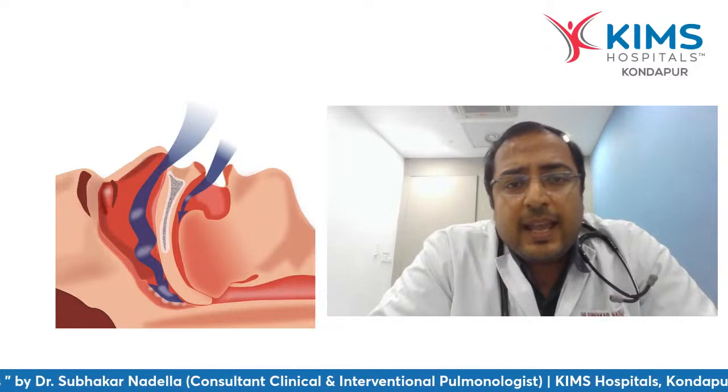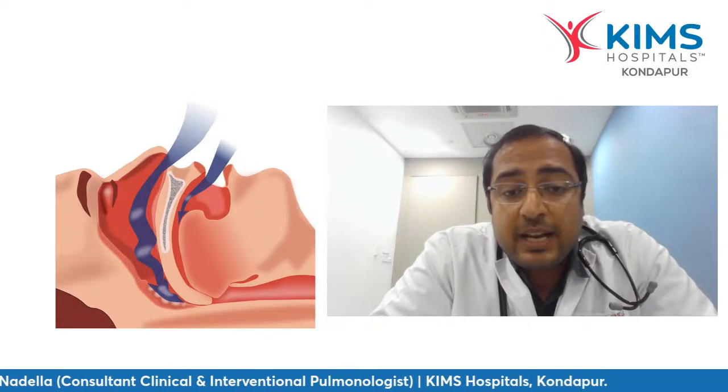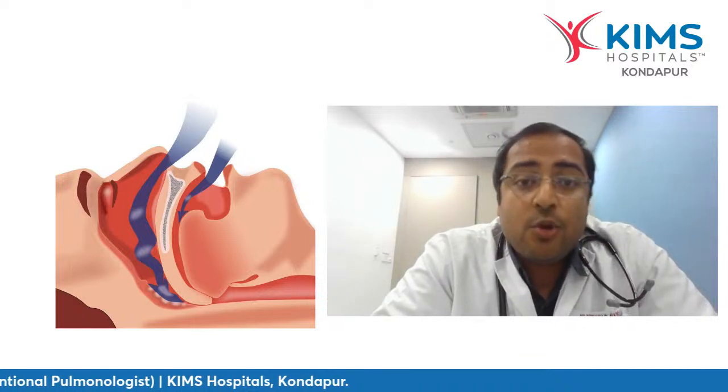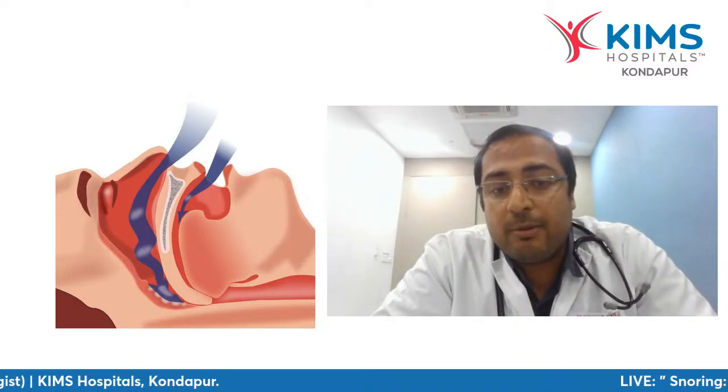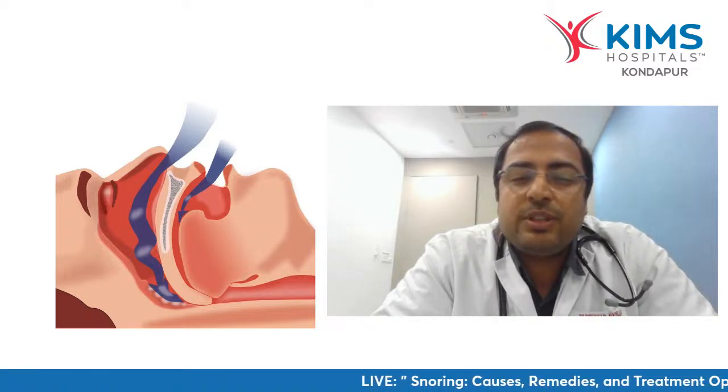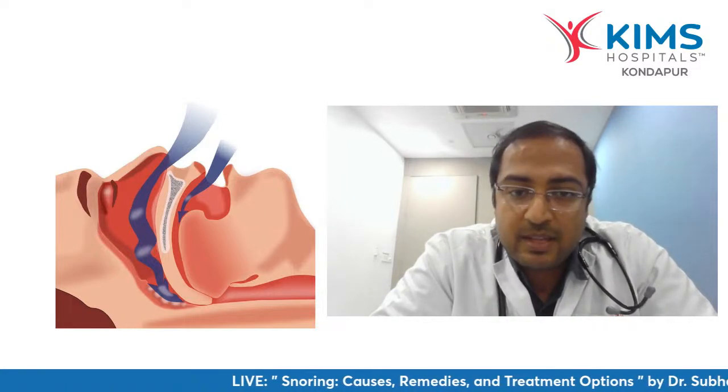A patient with an apnea hypopnea index of less than 5 is normal. 5 to 15 per hour, and remember, this is per hour, we call mild. 15 to 30 is moderate, and more than 30 is severe.